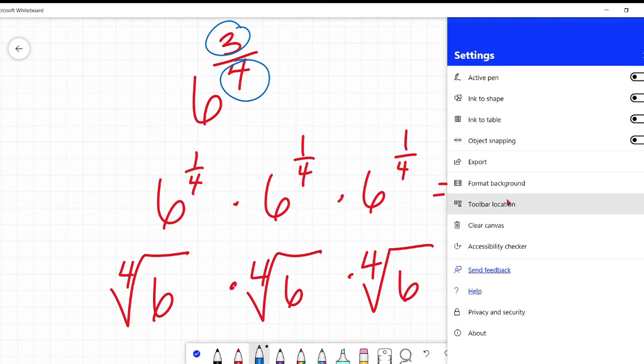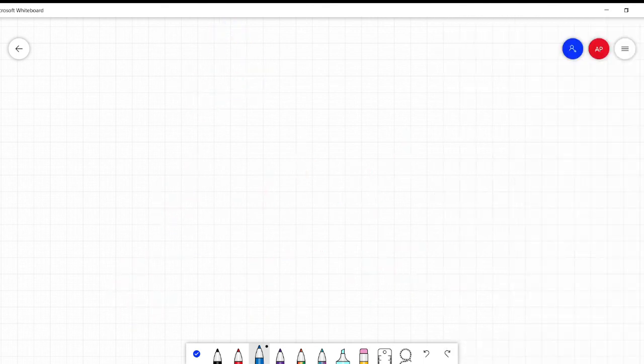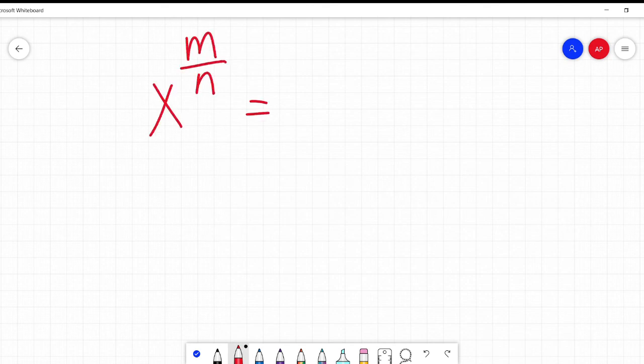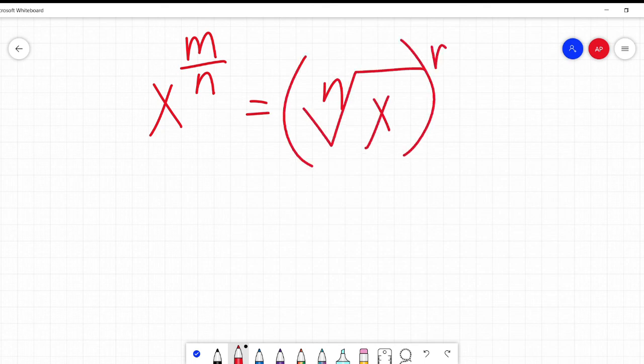So let's put it in a very straightforward sort of rule. If you want to see this written, you might see it sometimes written like this. X to the power of m over n is equal to the nth root of x to the power of m. When things are presented with variables, it can look very confusing and can be a bit daunting.